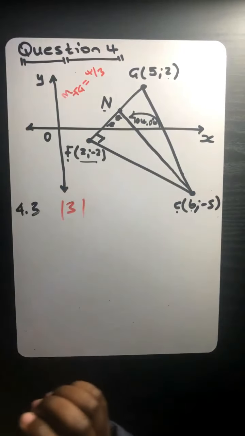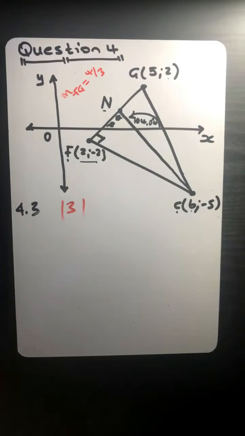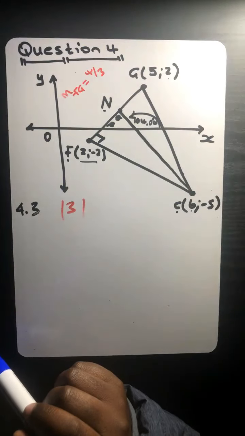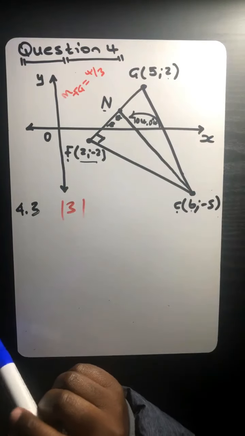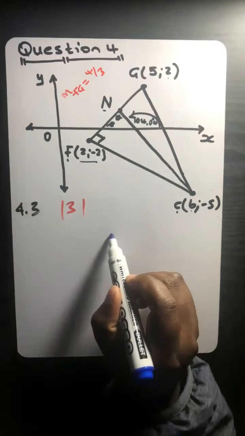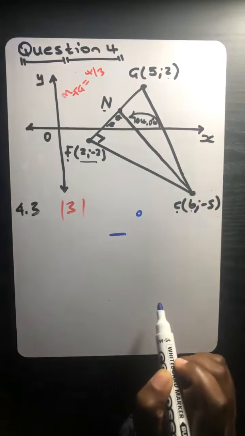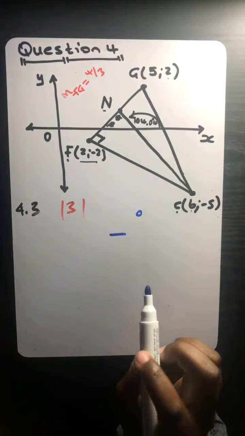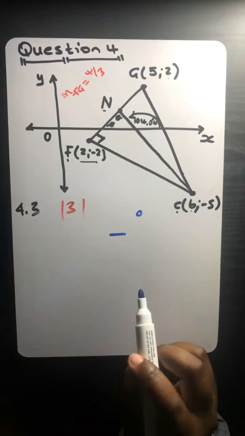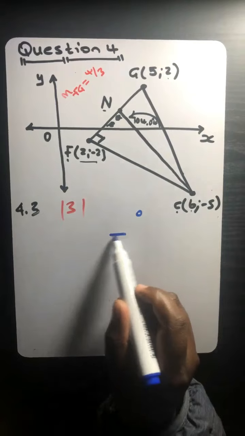It is very, very important, ladies and gentlemen, that you fully understand what the question wants. Because they said calculate the size of an angle, it means I must give a number which is in degrees. That is how you interpret the question.